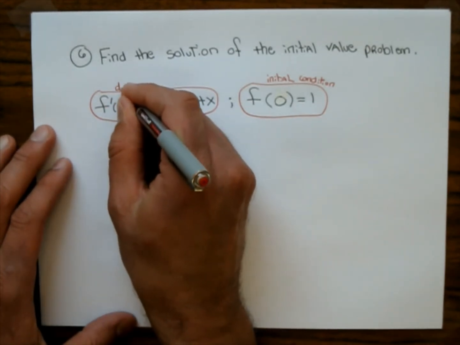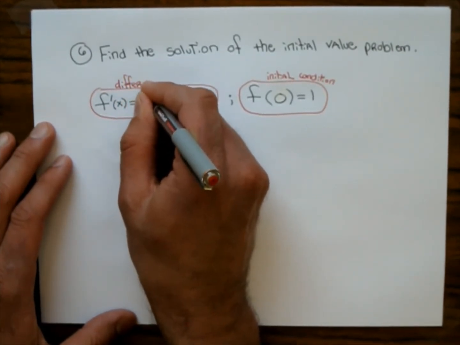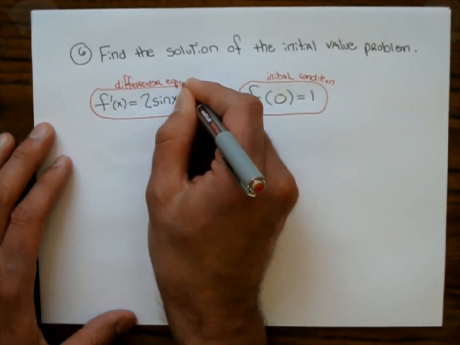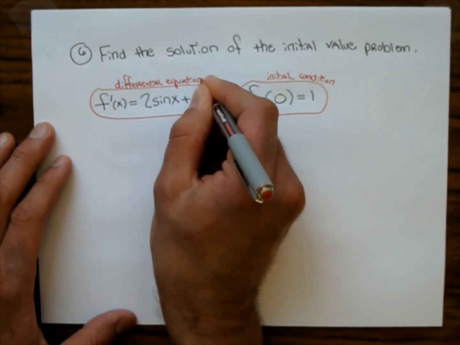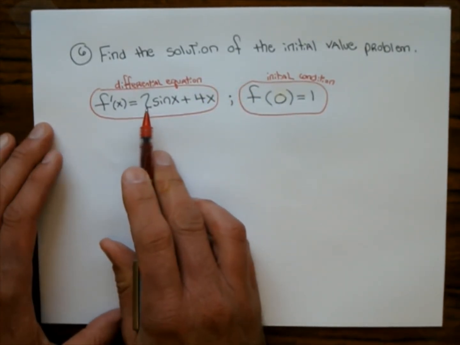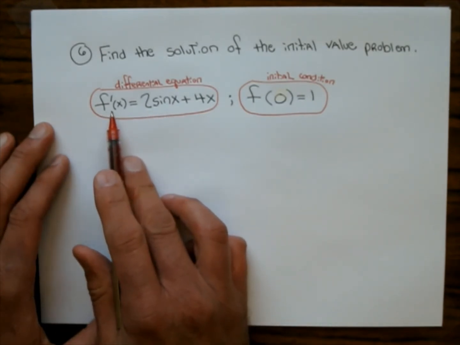Sometimes you can think of this, and I might as well just tell you this now, as a differential equation. You'll be seeing differential equations in the next semester of calculus, and you might even take a differential equations class. So a differential equation looks like this.